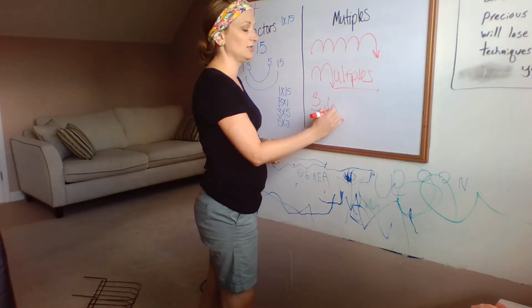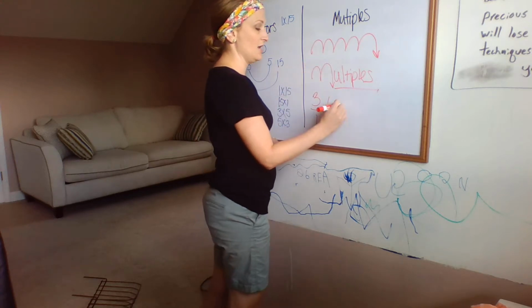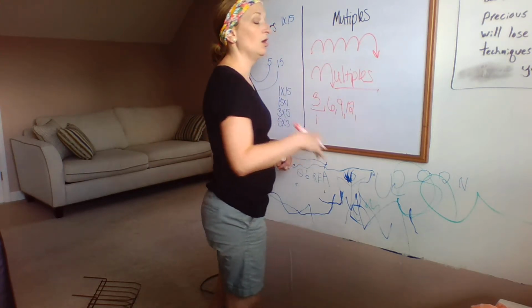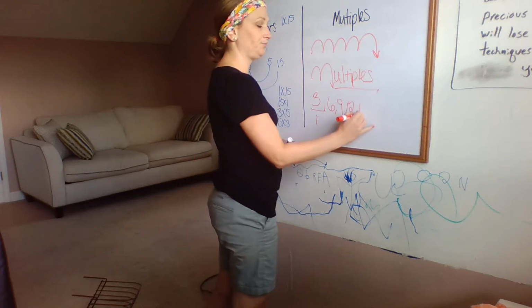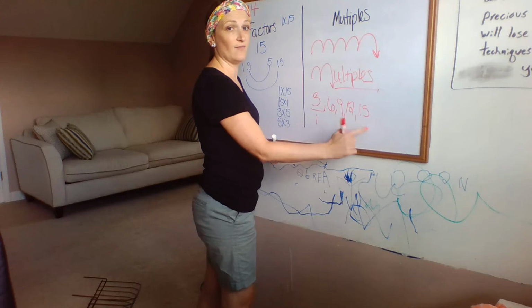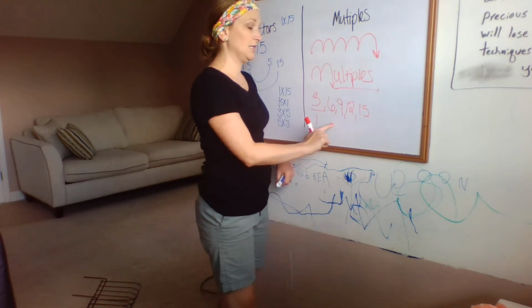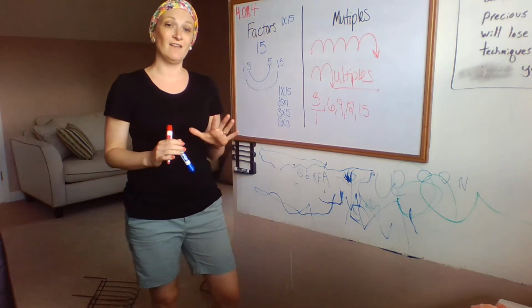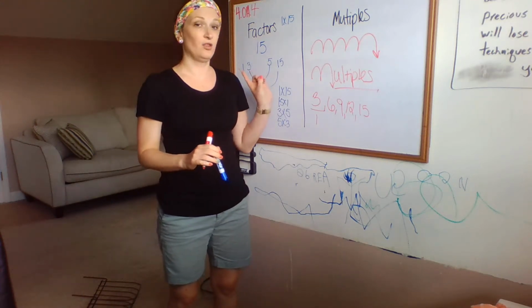Then we count 6, 9, 12, 15. And I check 1, 2, 3, 4, 5. So 3, 6, 9, 12, and 15 are the first 5 multiples of 3.